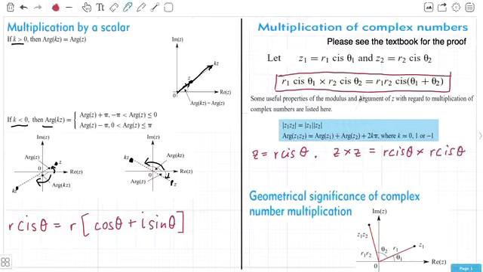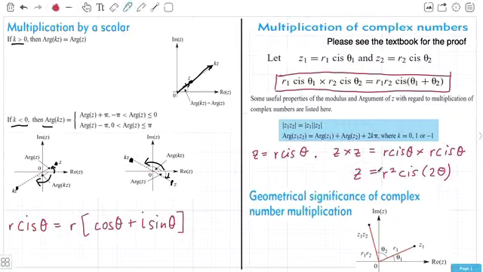Using the formula here, we'd square the r, because it would be r times r, cis, and then because we'd be adding the two thetas together, we'd have theta plus theta, which you can also write as 2 theta.